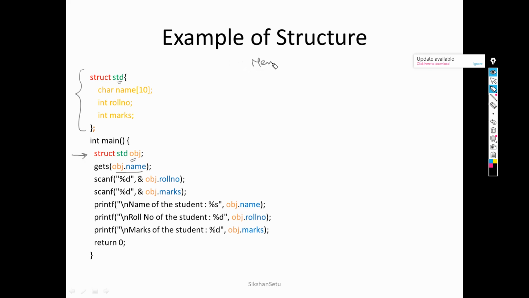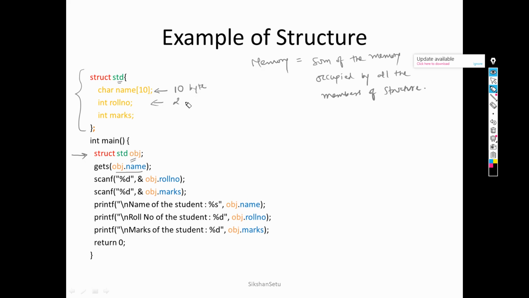Memory occupied equals the sum of the memory occupied by all the members of the structure. It means, what amount of memory will this data member occupy? It will occupy 10 bytes. Why 10 bytes? Since a character occupies 1 byte and this is an array of 10 elements, it will occupy 10 bytes.